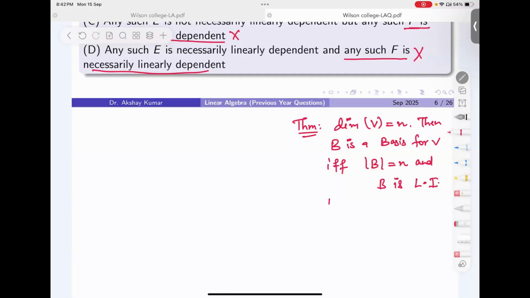This is also if and only if the cardinality of B is n and B is a spanning set. So these are if and only if statements.